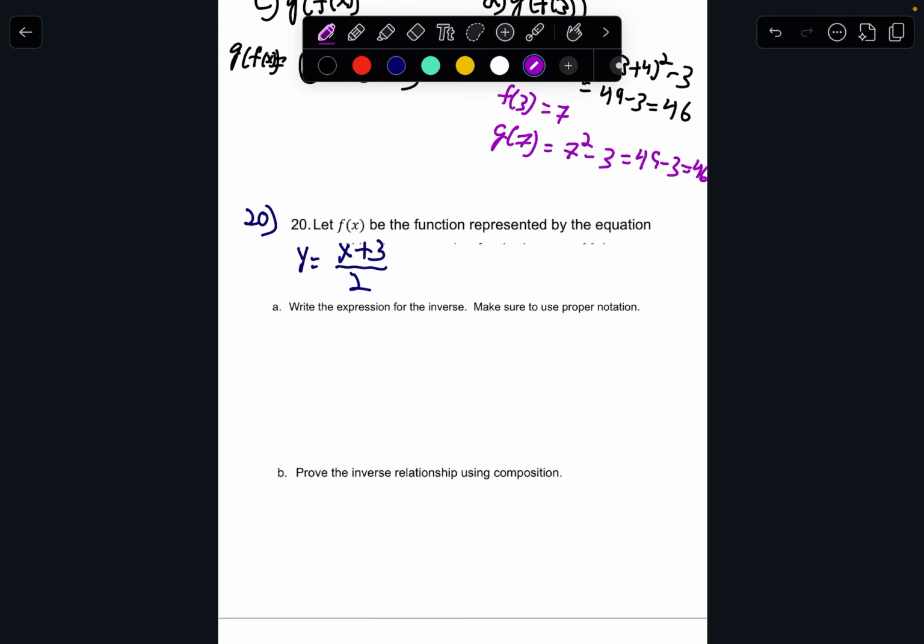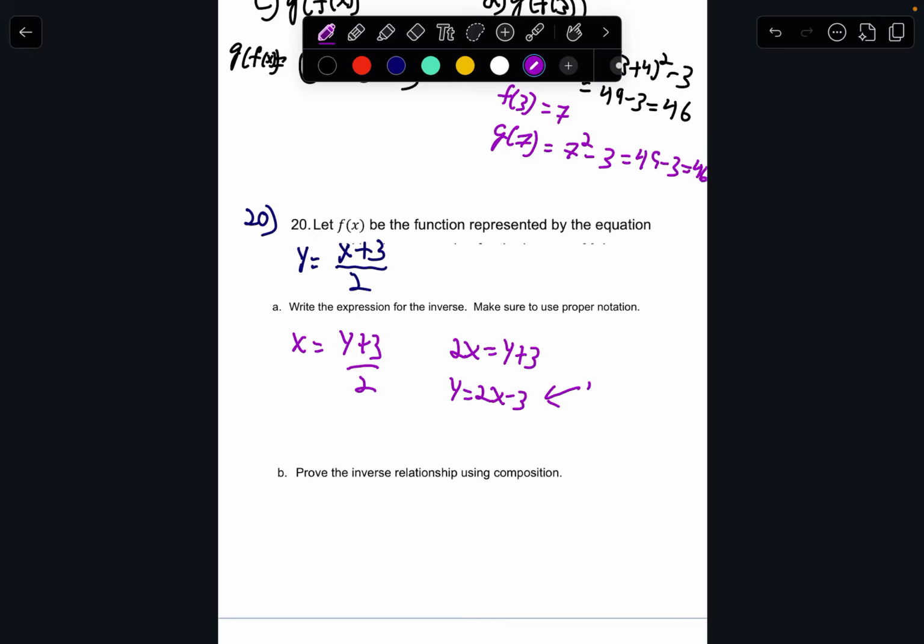So I will just kind of go through it. First of all, to find the inverse, you instantly switch x and y. So now we're going to rewrite this as x equals y plus 3 over 2. Now we're going to solve for y by multiplying by 2. So now we get 2x equals y plus 3, subtract 3, and we get y equals 2x minus 3.